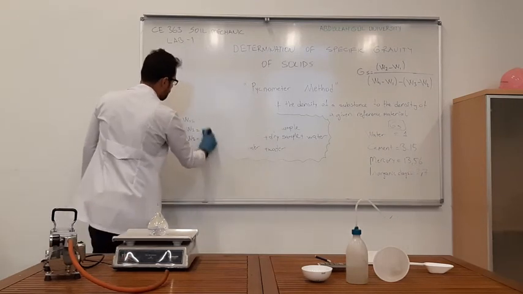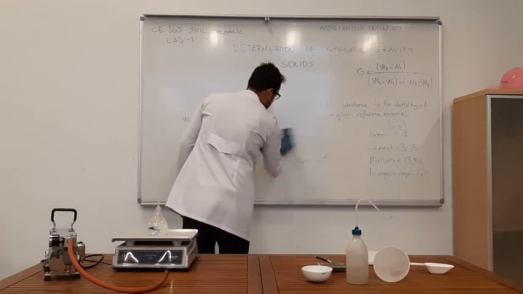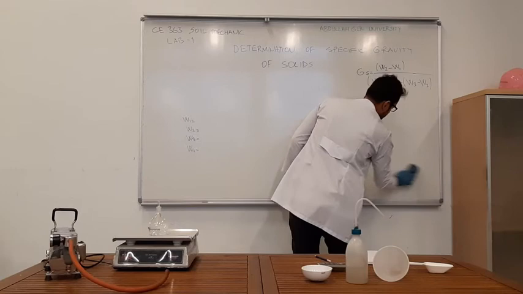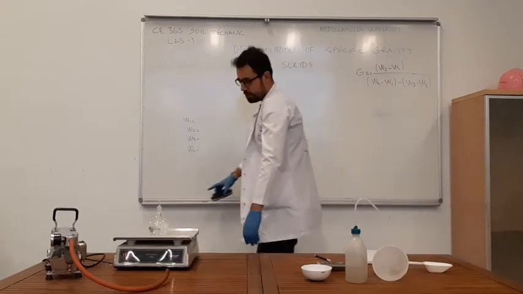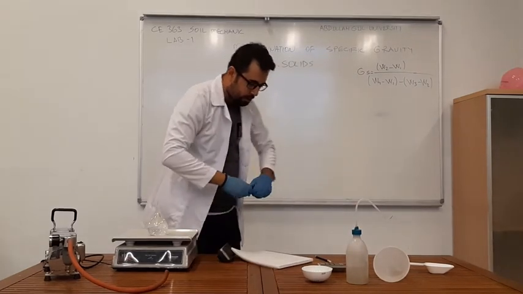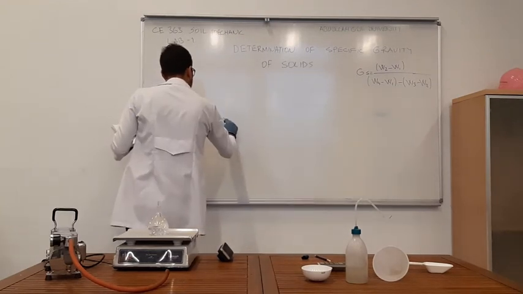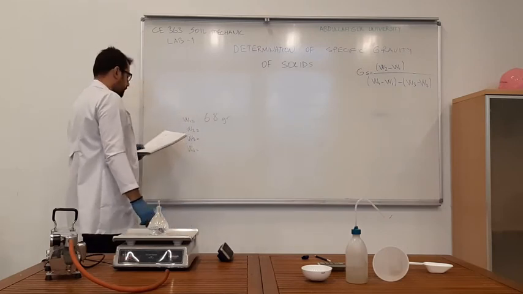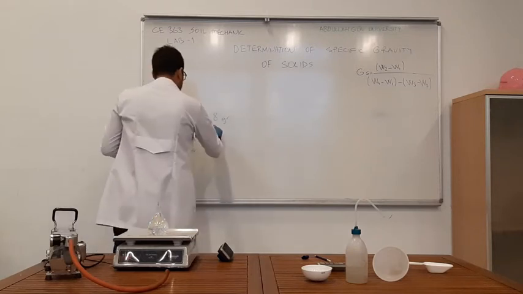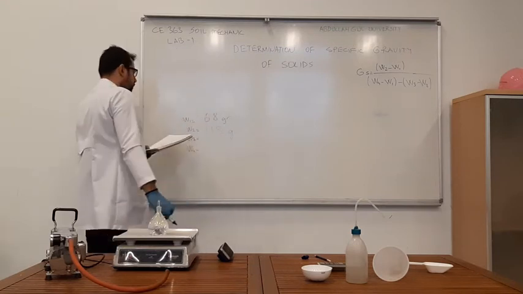Okay, now we have the values, and we will calculate the specific gravity of our specimen. So I know that weight 1, it is the empty pycnometer, and it is 68 gram. And pycnometer with dry sample, it is 118 gram.